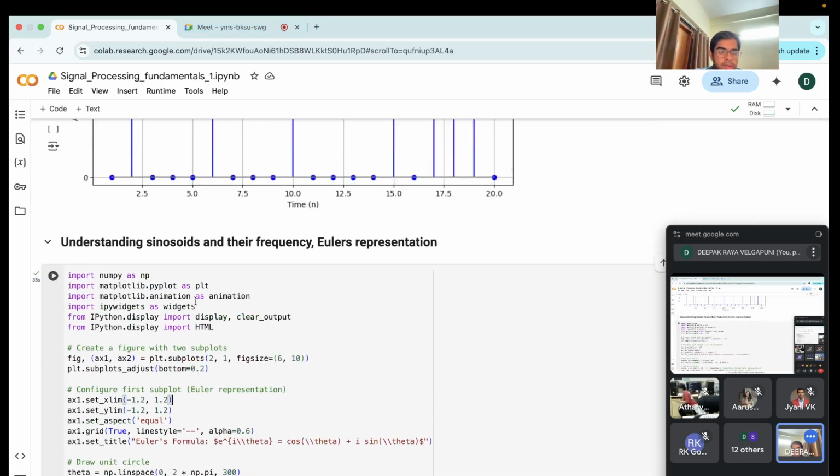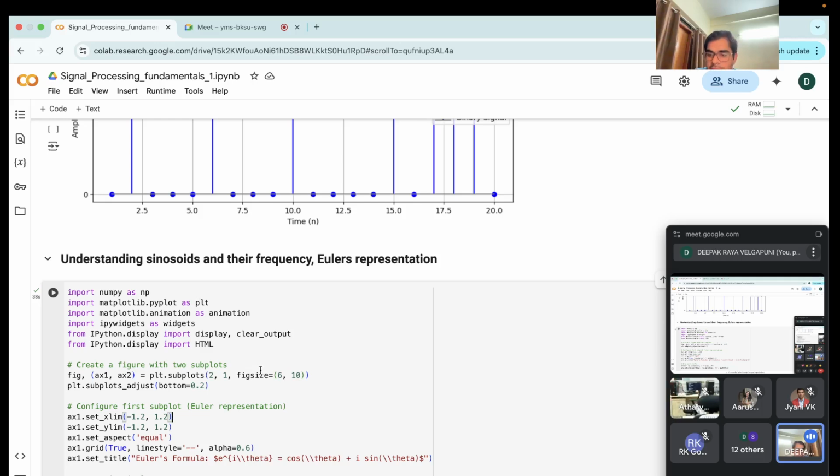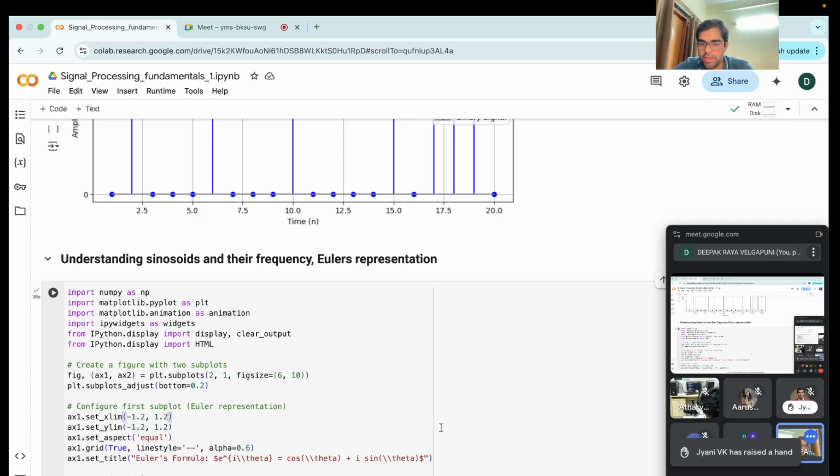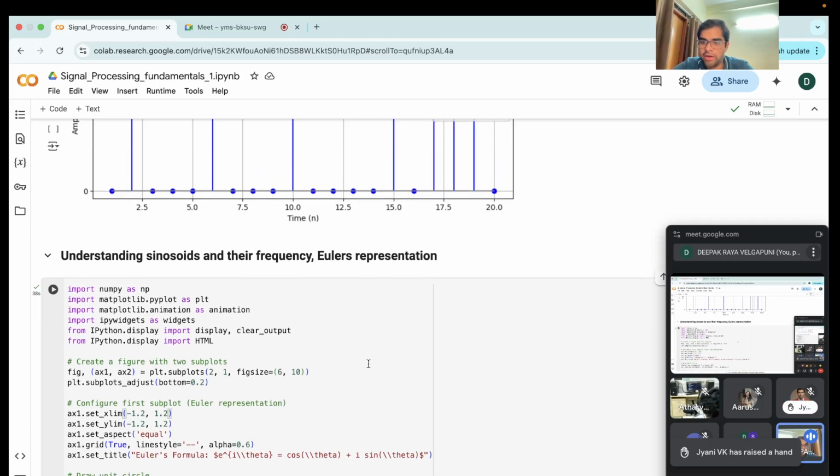So, is anyone aware of this Euler's representation? And how many of you are aware of sinusoid signals? Okay. I think many people know how a sinusoid looks like.